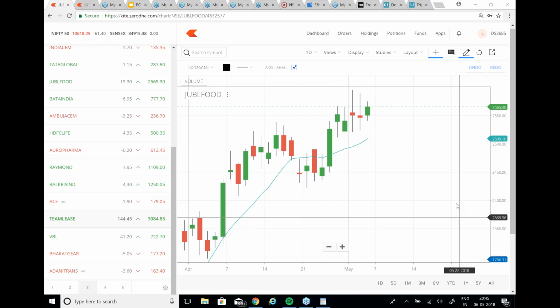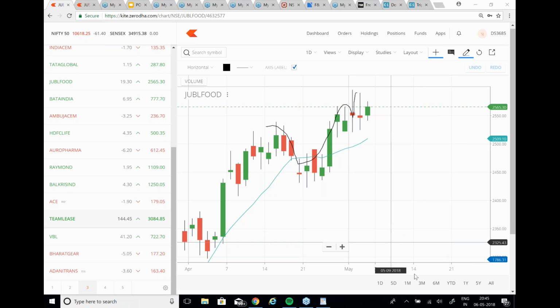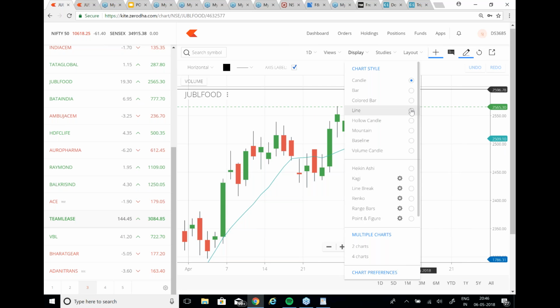It's going to the same point again and again. From here it went up, then went up. Let me just convert it into a line graph and see what's happening.